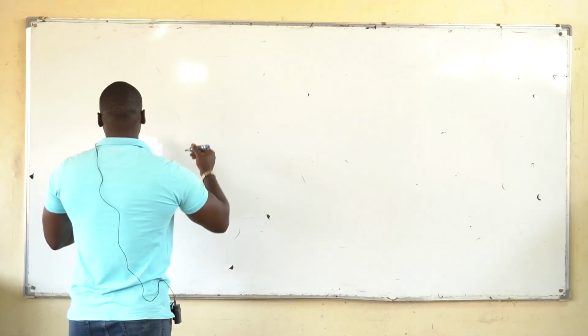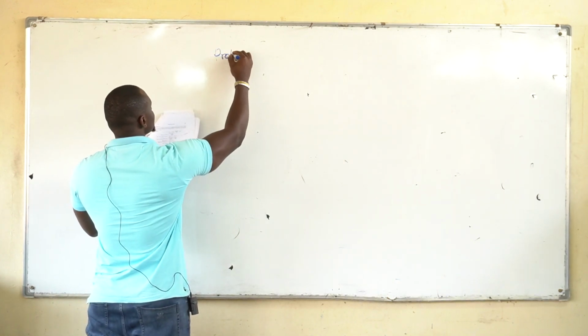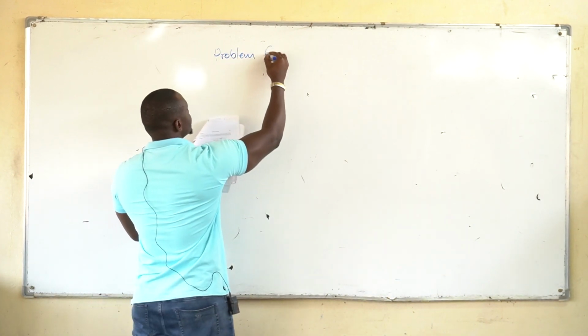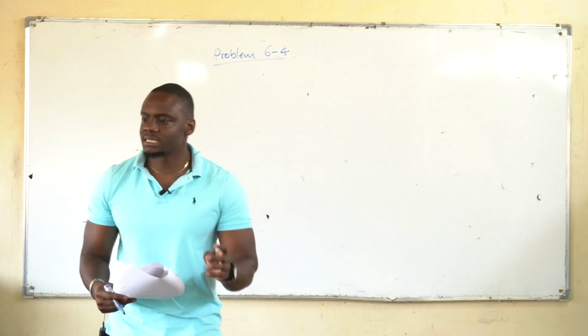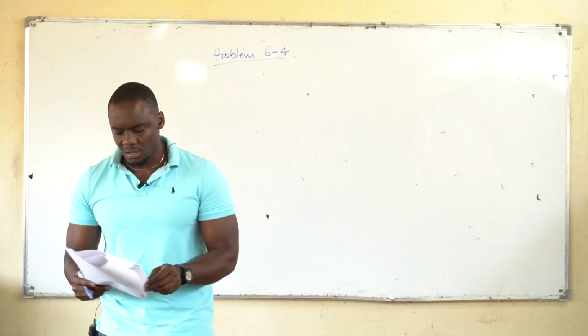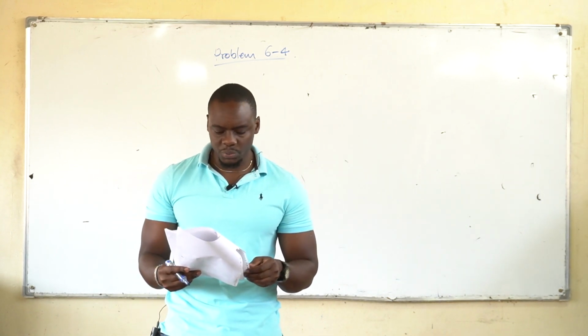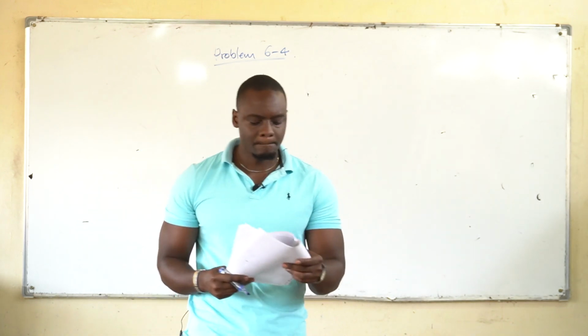By the module, it's introduced as problem 6-4, all right? So I'm going to dictate. Let's try to solve this. Hopefully we'll still have some time to start a new topic altogether. All right, are we good?